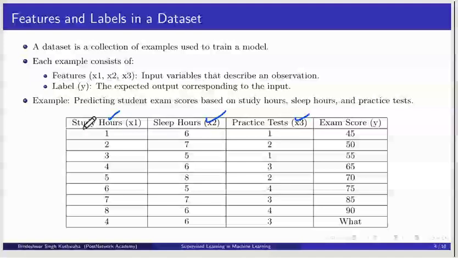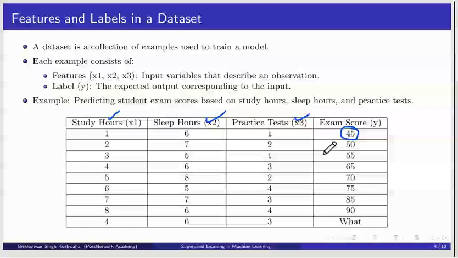Study hours is denoted as x1, sleep hours as x2, practice test as x3, and exam score. You have given that one student's study hours was 1, sleep hours was 6, practice test only 1, so he scored 45. You are teaching the machine what the exam score was.